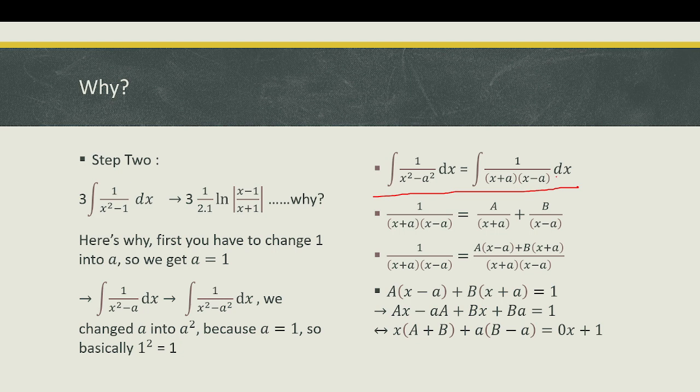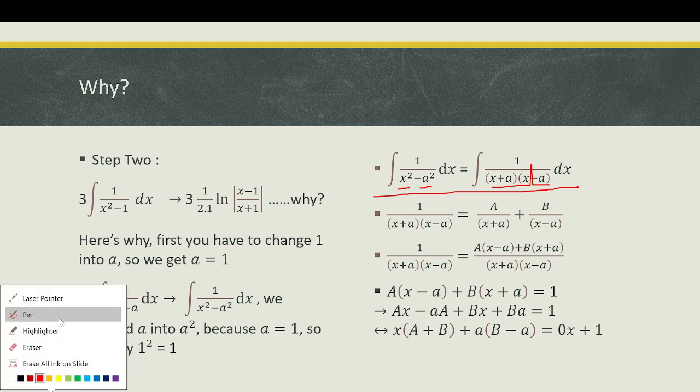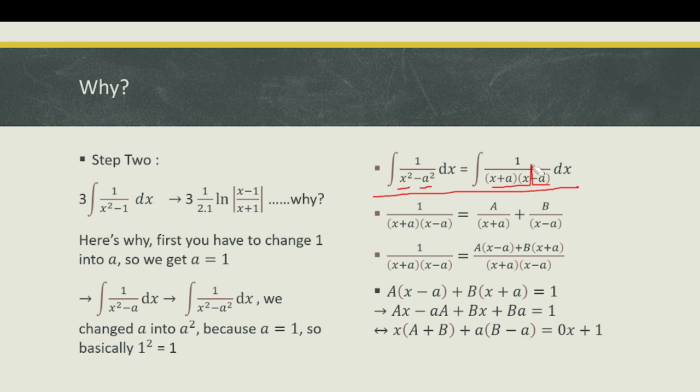Here we're using something called the factoring formula, which is how we get this: x to the power of 2 minus a to the power of 2 is equal to x plus a times x minus a. Let me point it out. And move to the next step.